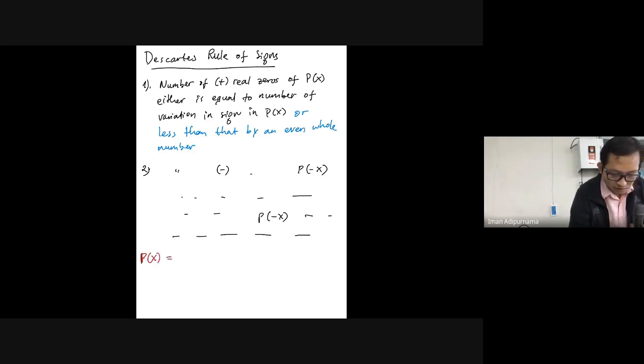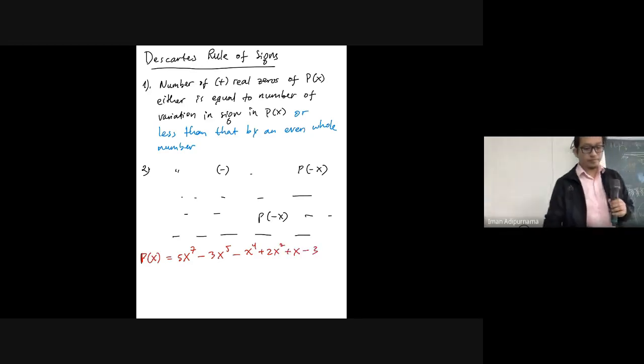P(x) is 5x to the seventh, and then plus 2x squared plus x minus 3. This is just the P(x). So look at the signs: positive, negative, negative, positive, positive, negative.